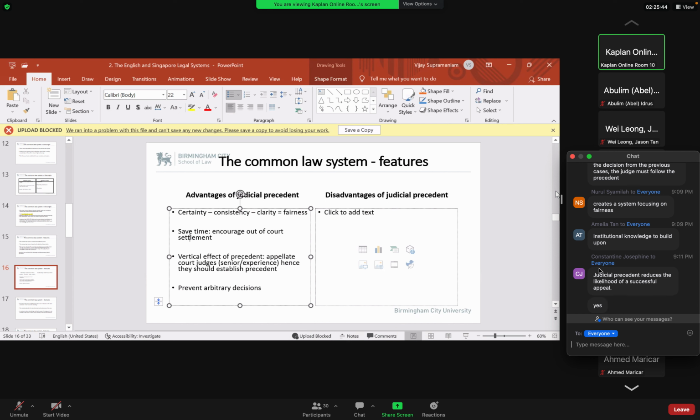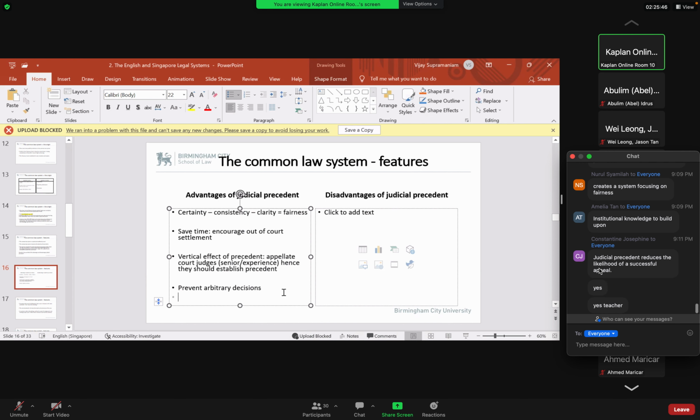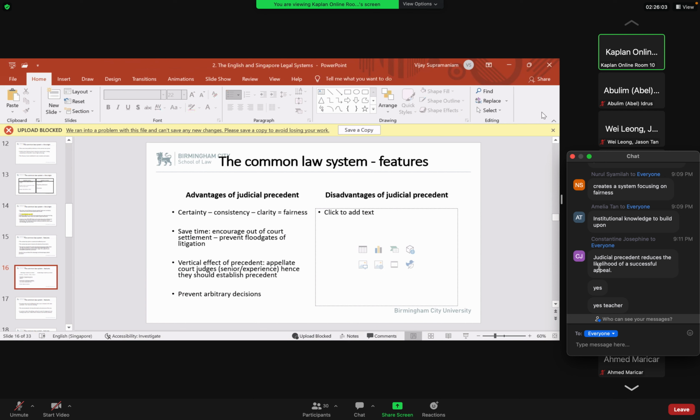Yeah, I think that makes sense. So that will come under preventing floodgates of litigation. I'll put that here. So it can prevent floodgates of litigation. Okay. So those are all the advantages of precedent.